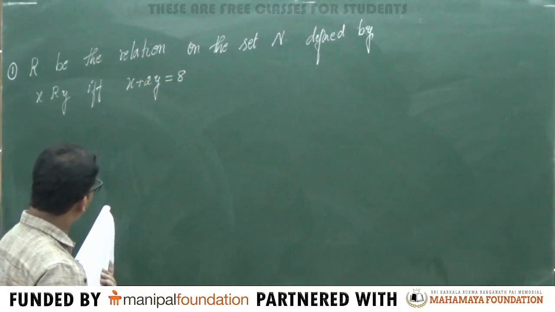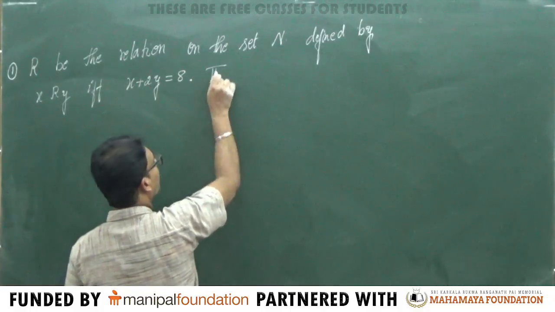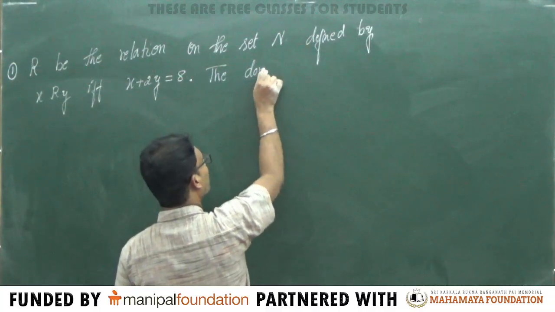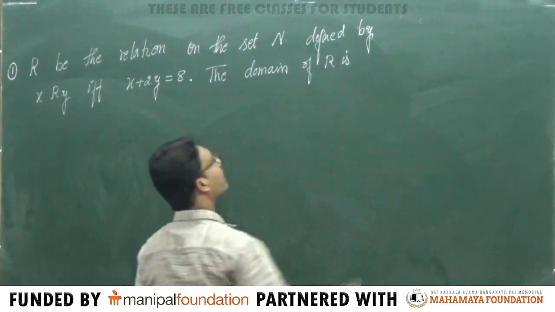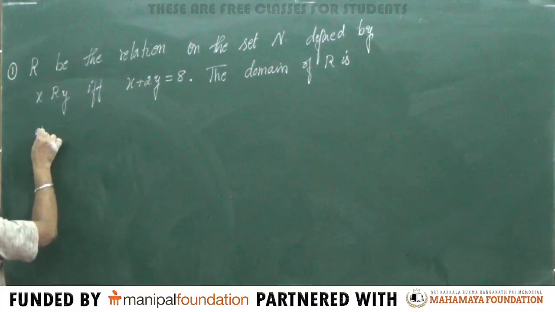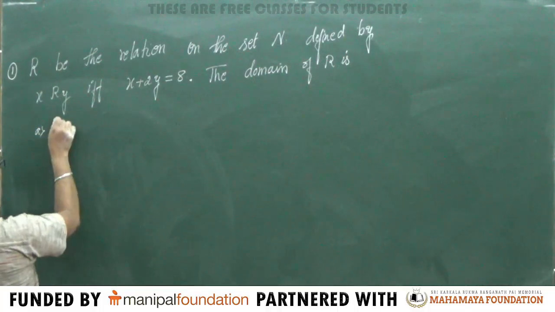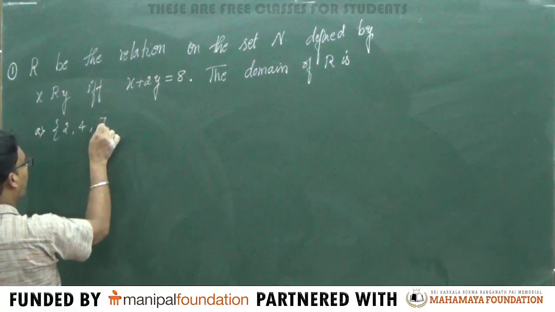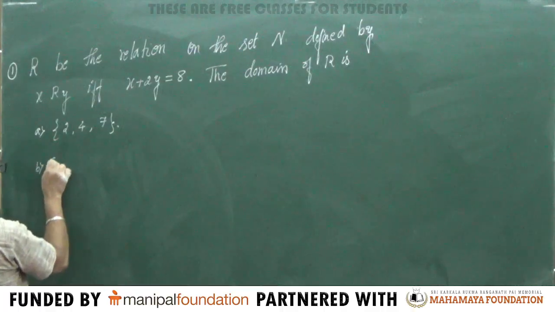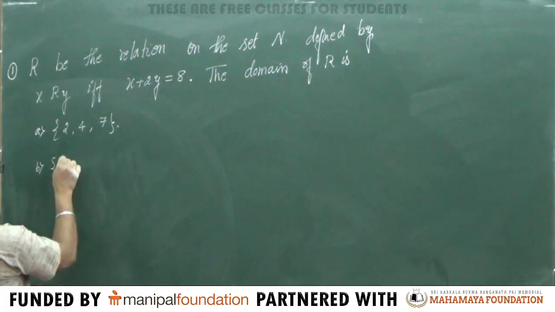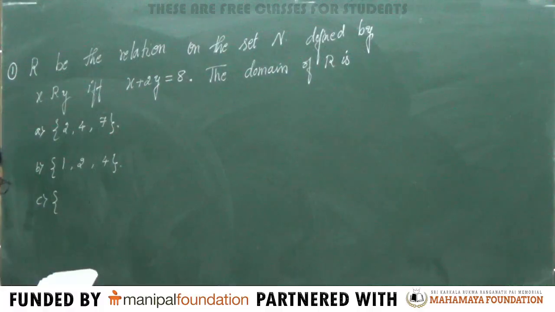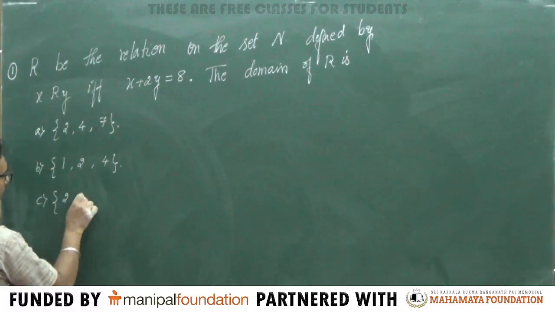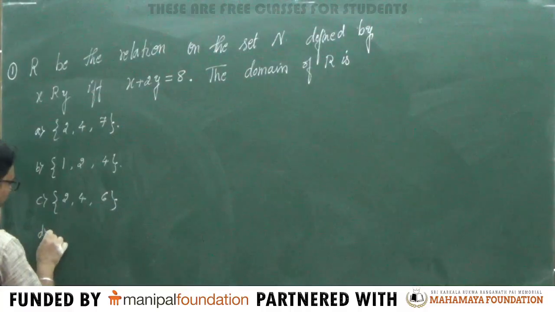The domain of R is: option A 2, 4, 7, option B 1 to 4, option C 2, 4, 6, and option D 2, 6, 8.